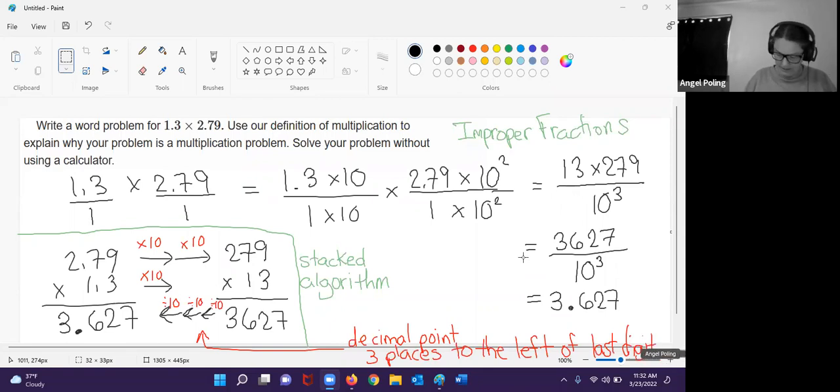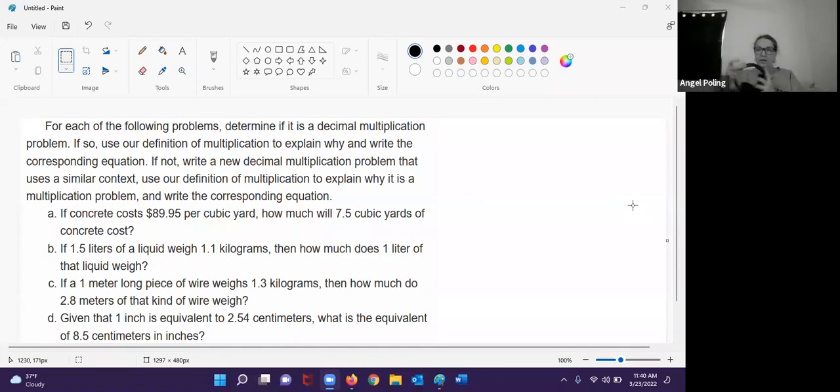So it shows there in that algorithm, and it shows here in this algorithm. Both methods show that the standard algorithm of ignoring the decimal points, multiplying as if they were whole numbers, and then counting the number of places to put your decimal point back into place. These two methods show why that works.